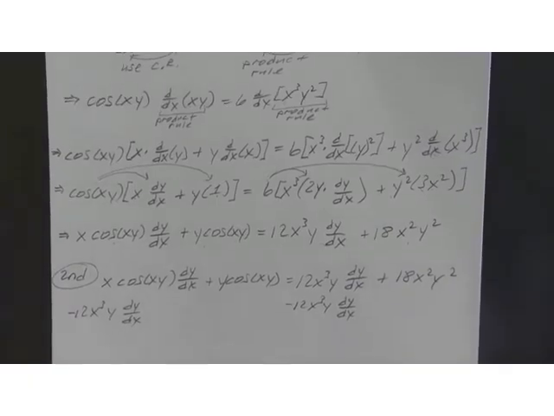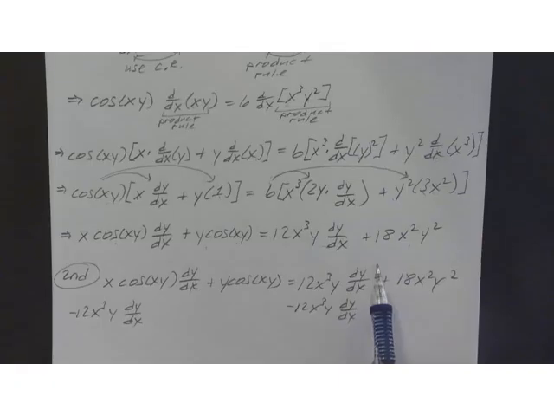So I'm just going to subtract 12x to the third power times y times dy dx on both sides of the equal sign. We know these two cancel each other out and become 0.